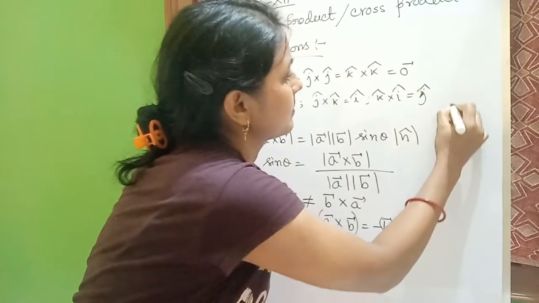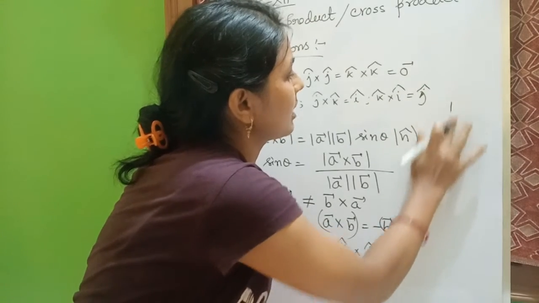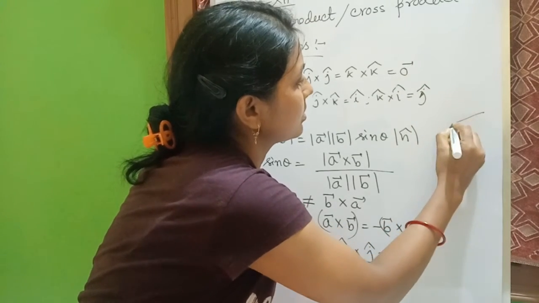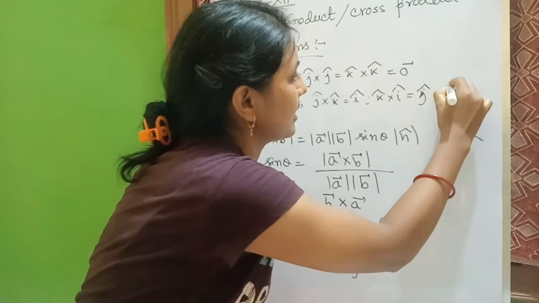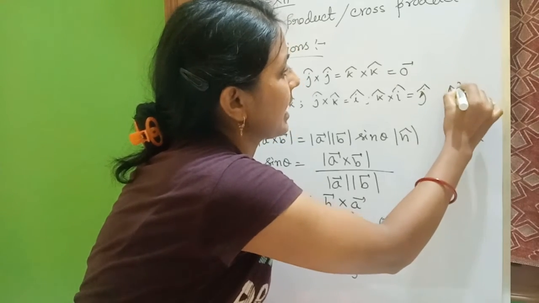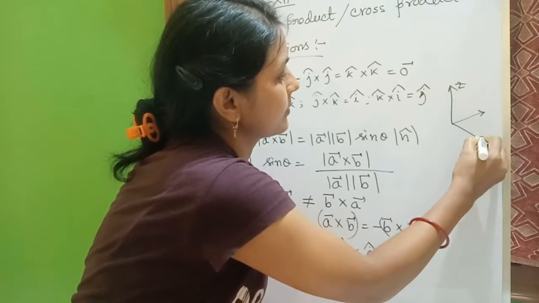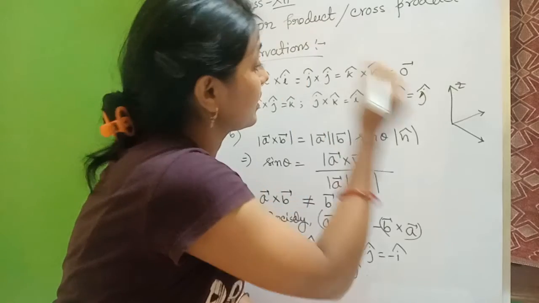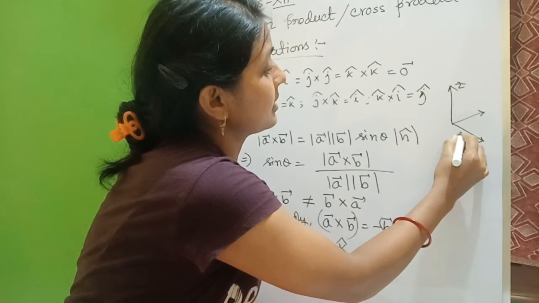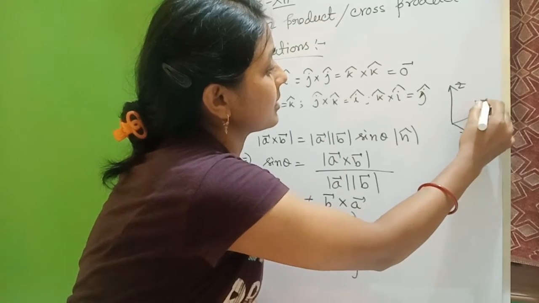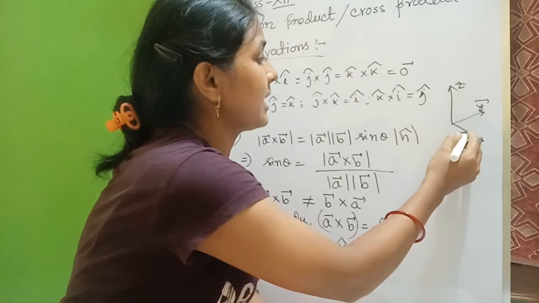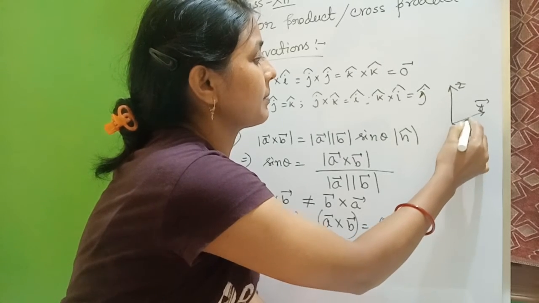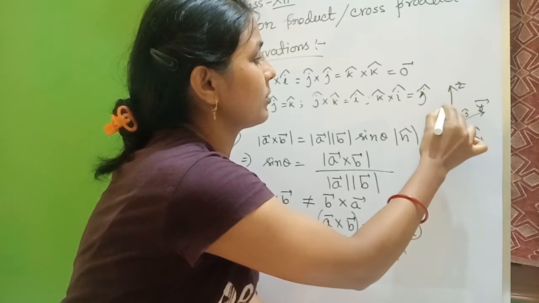How does it come? Think about the system like this. This is the z axis, and this is the x axis, suppose, and this is the y axis. So this is I cap, this is j cap, and this one is k cap.